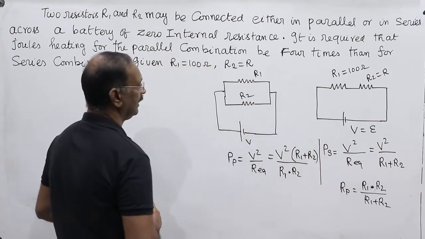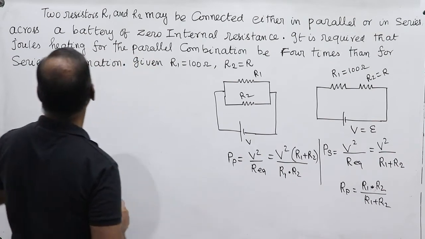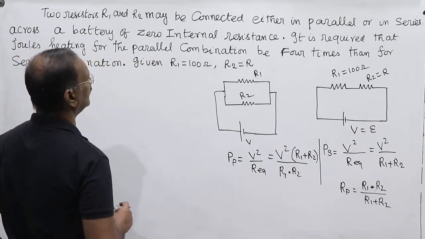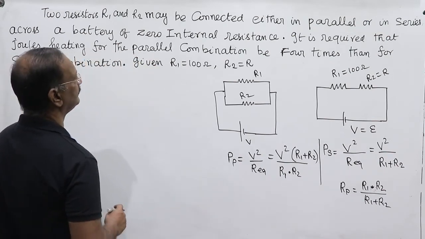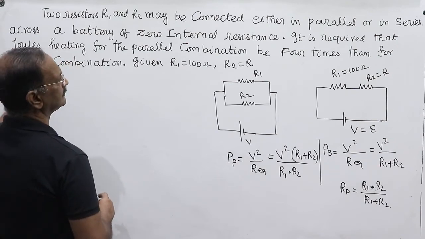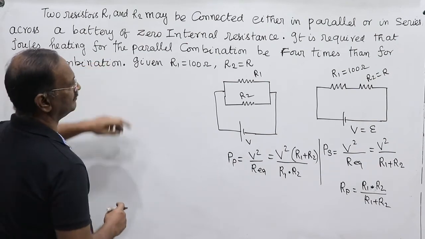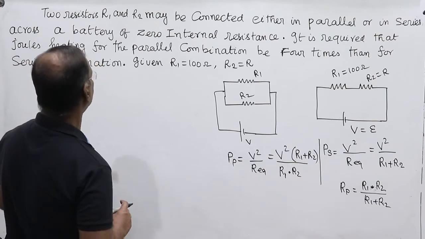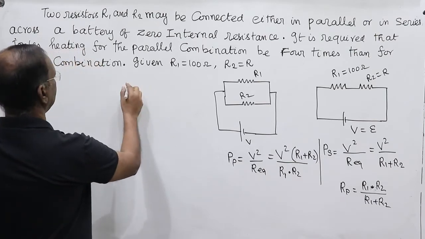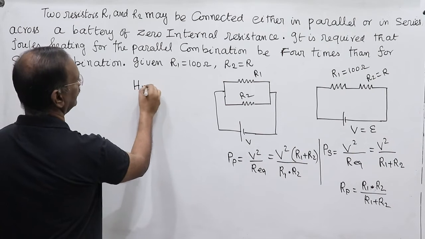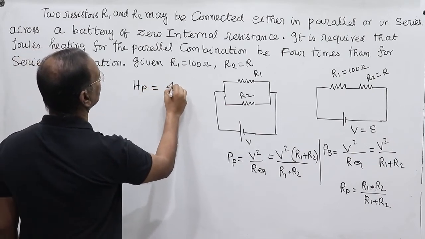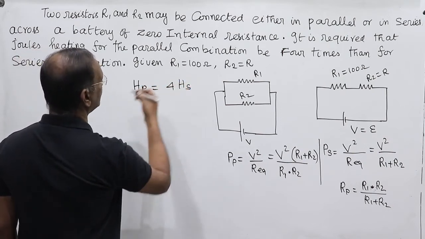This is power, and it is also given, it is required that the Joule heating for the parallel combination will be 4 times that in series. The parallel combination is 4 times the series combination. That is heating. So heating of parallel is equal to 4 times the heating in the series combination.